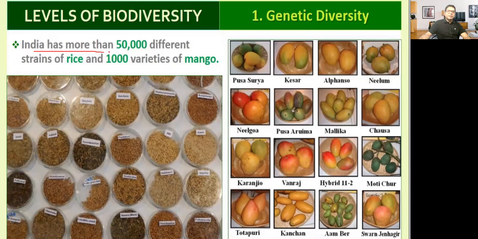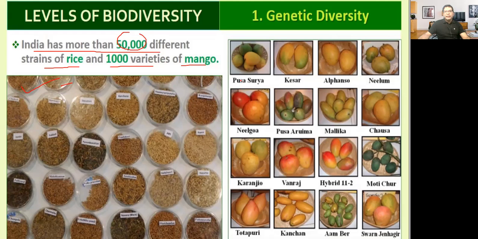India has more than 50,000 different strains of rice and 1,000 varieties of mango. So how many different strains of rice? 50,000. And how many varieties of mango?